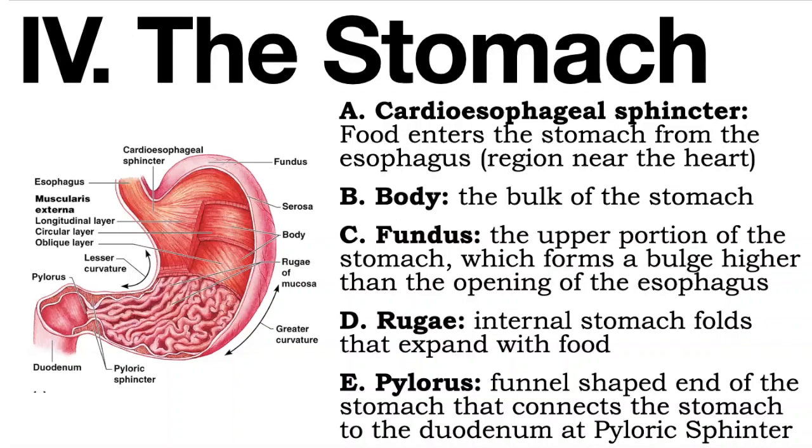You have these folds called rugae, and these actually expand to allow more food to fill up the stomach. We have the pylorus, which is the funnel-shaped part at the end of the stomach, and then we have the pyloric sphincter, which is the lower end sphincter that separates the stomach from the small intestine.